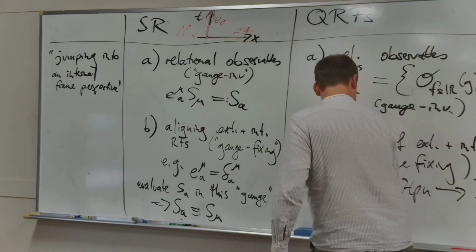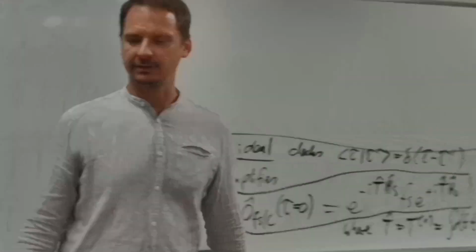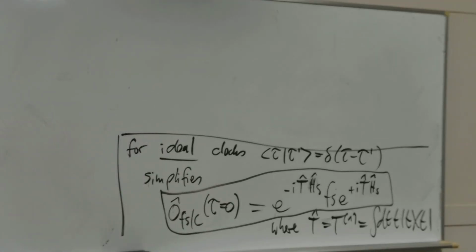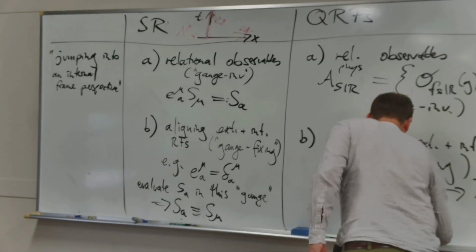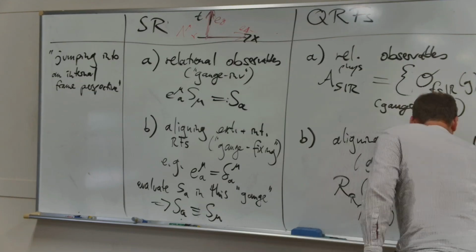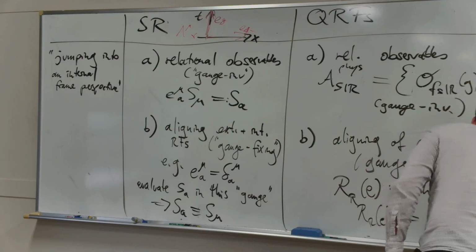I don't think I'll get to that. But it's just a gauge fixed Hilbert space. And R_E is just defined to be phi of E_R tensor identity of S.